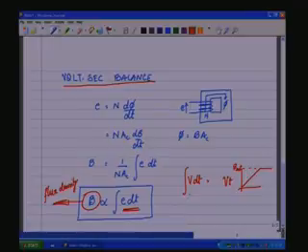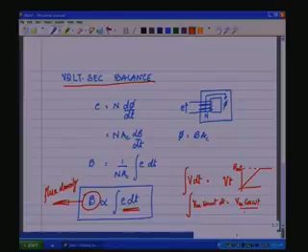If E were sinusoidal, Vm sin omega t, then this would result in Vm cos omega t by omega, where omega is 2 pi f, and therefore this value has a sinusoidal character, but the peak value is always Vm by omega.